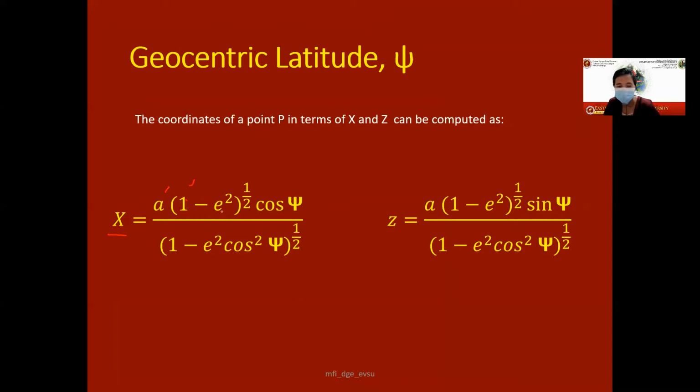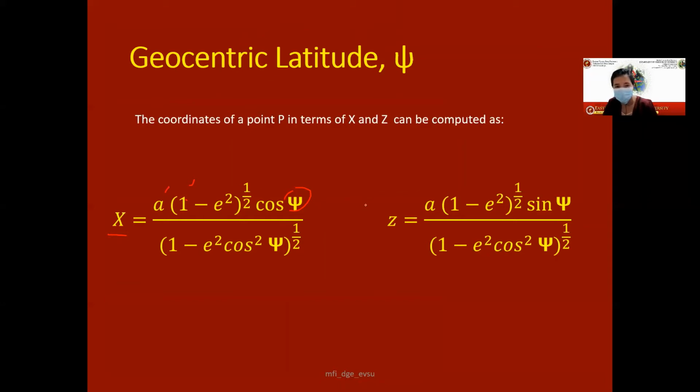We have the angle, the geocentric latitude. We have A times the square root of 1 minus E squared, cosine of the geocentric latitude, over the square root of 1 minus E squared cosine squared geocentric latitude. Okay, that is if you're going to compute for the value of X.